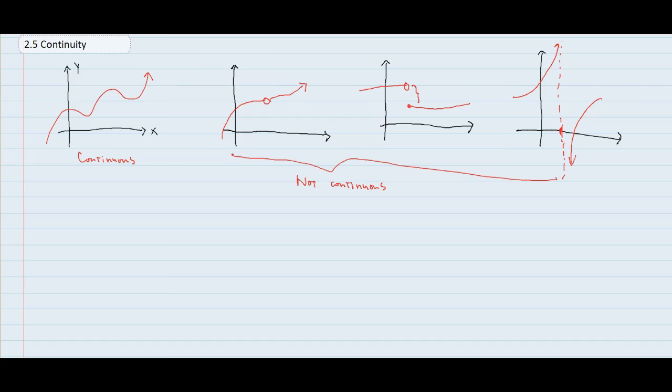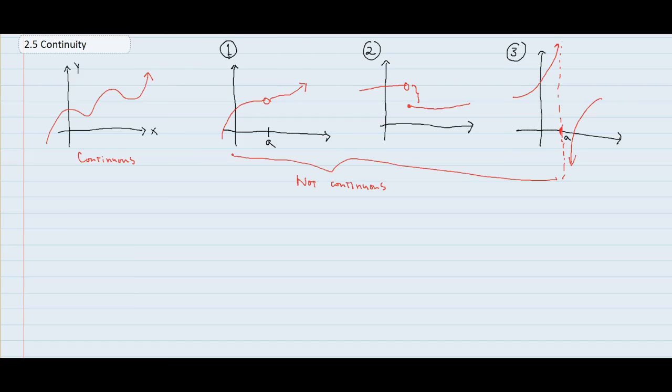So let's number these examples of functions that are not continuous. So let's just call this one 1. This one is 2. This one's, let's say, example number 3. So going back to those three conditions, if you look at graph number 1 and graph number 3, notice that both of these functions at this x equals a, so let's just call that value a.